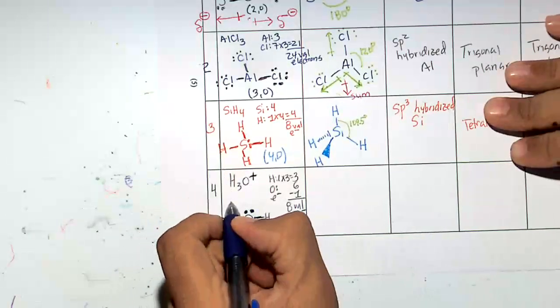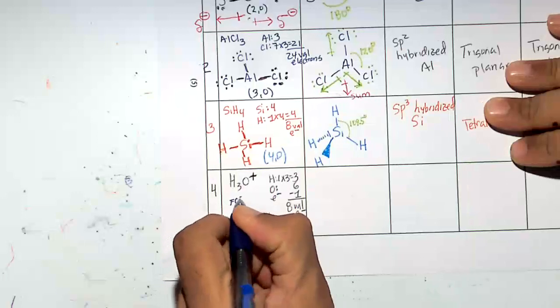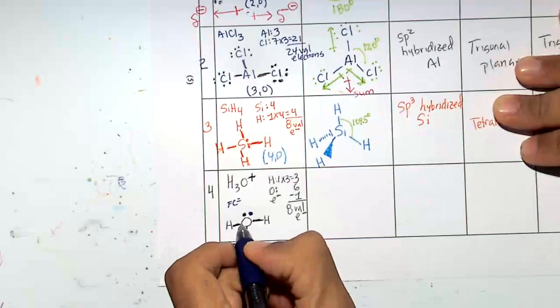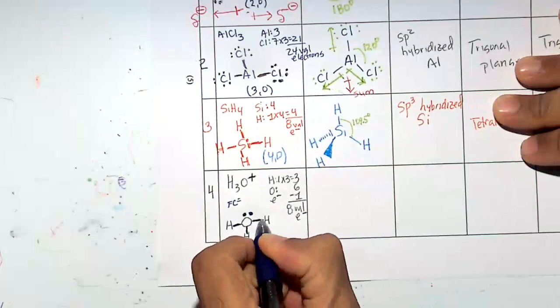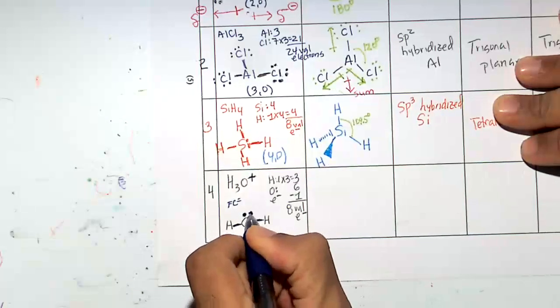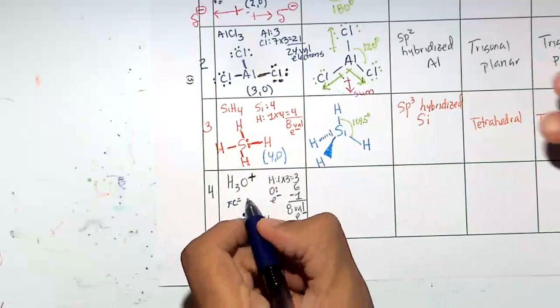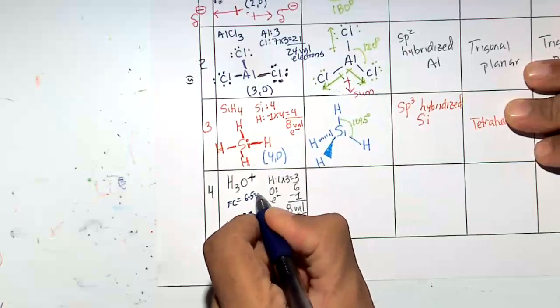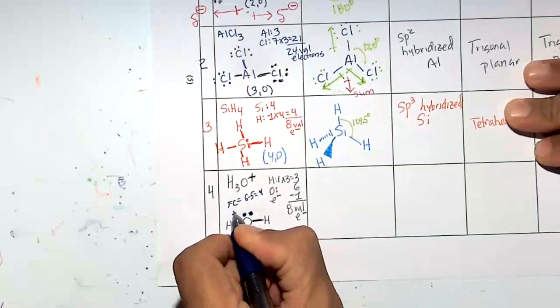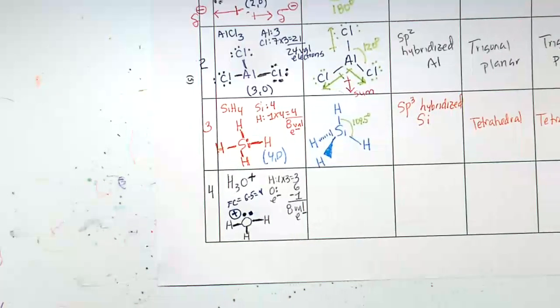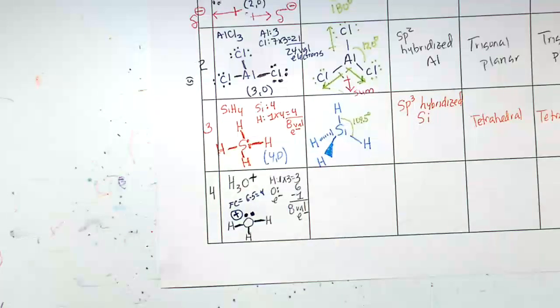Okay, the octet rule is satisfied. What about the formal charge? Everyone count with me. Ready? 1, 2, 3, 4, 5. What is oxygen happy at? 6. 6 minus 5. The plus 1 goes here. That's where the plus 1 goes.